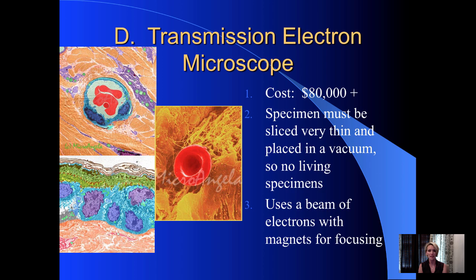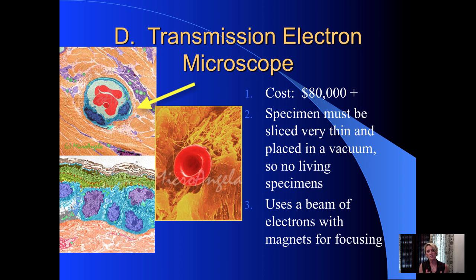Now, transmission electron microscopes will not be found in our classroom because they're cost prohibitive and we would not need something this magnified in our setting, but you'll see these in colleges and laboratories. Now, a transmission electron microscope takes a three-dimensional specimen like this blood cell that you see here and slices it into very thin slices, much like if you go to the deli counter and you get meat sliced, the same type of manner.